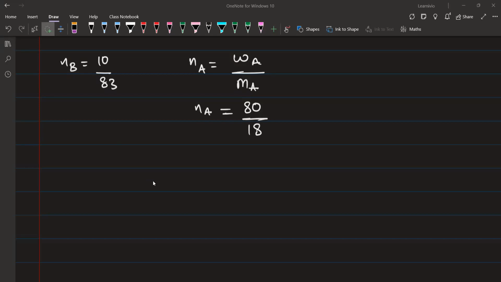Okay. So you have got the number of moles of solute, and we have also got the number of moles of solvent. Who will tell me what is the formula for mole fraction of solute? Tell me. Mole fraction of solute.